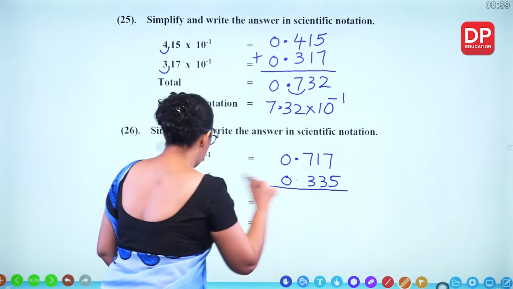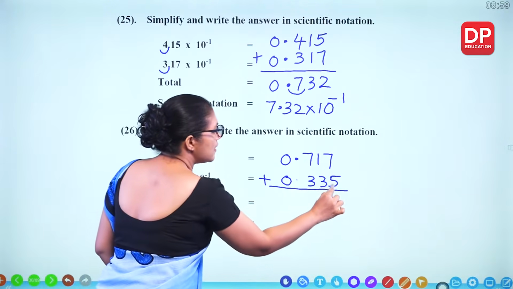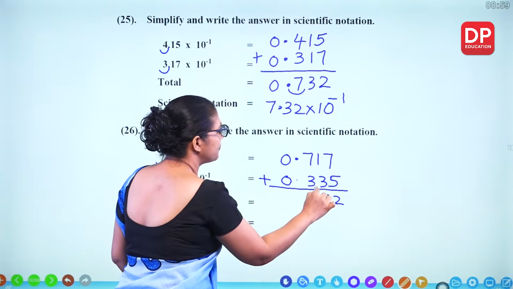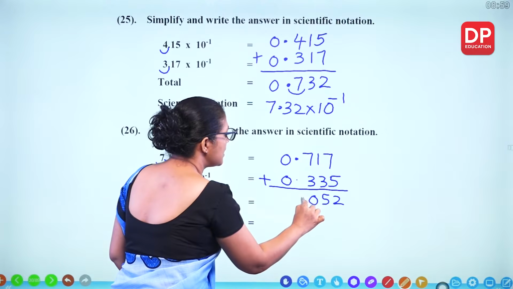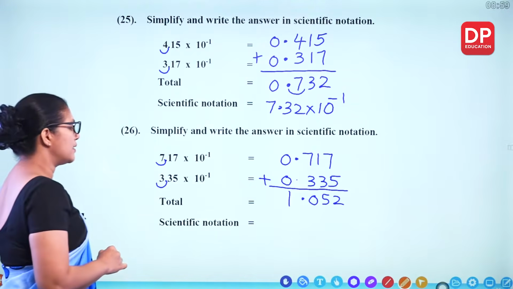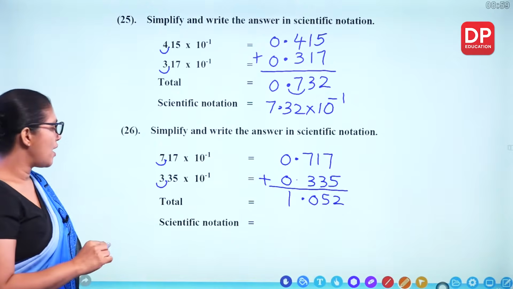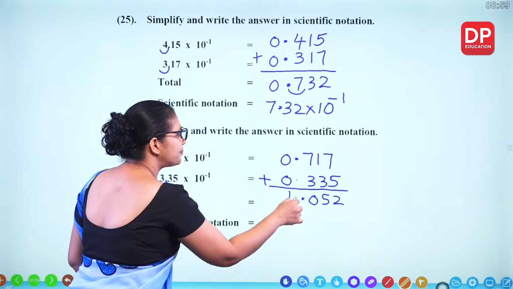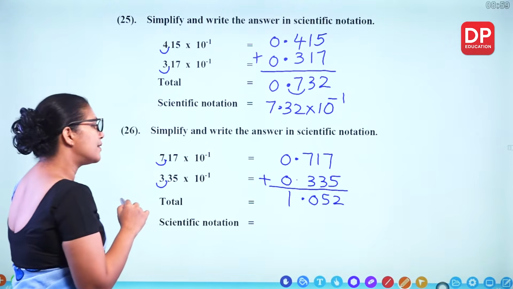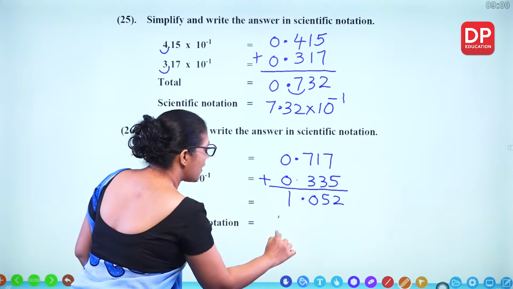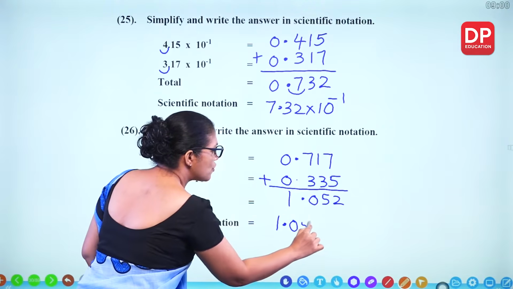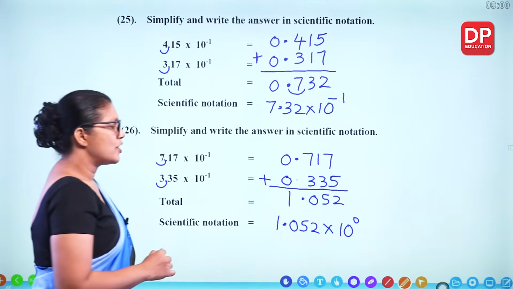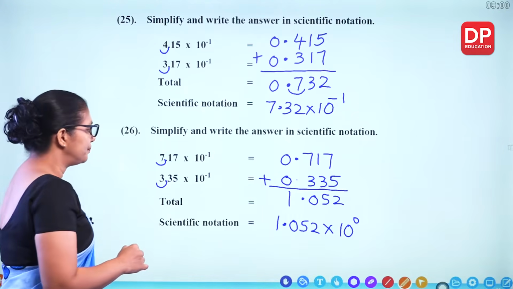Now take the total. 7 plus 5, 12, 1 remaining, 5. 7 plus 3, 10, and you get 1 here. Now, how do you write it in scientific notation? This is less than 10, so you can write 1.052 times 10 to the power 0. You are not changing the decimal point.